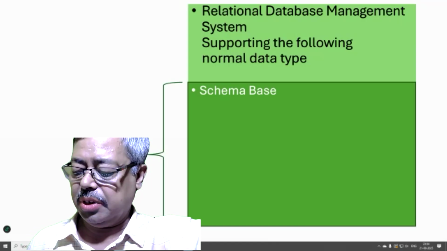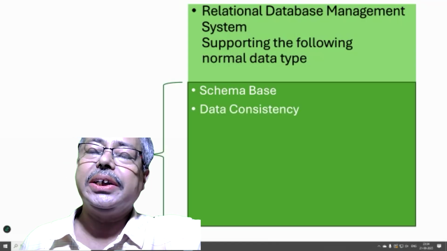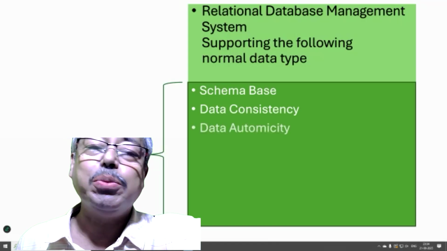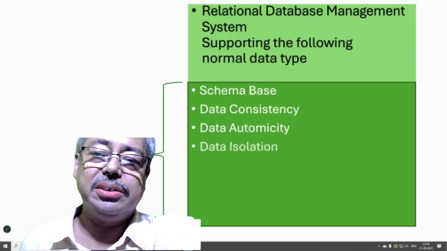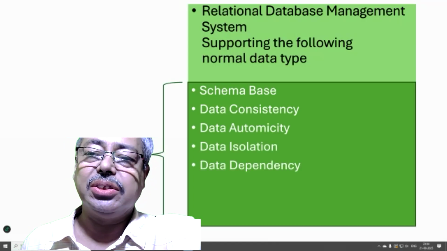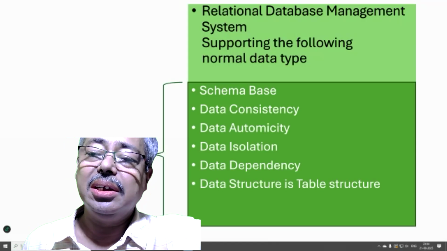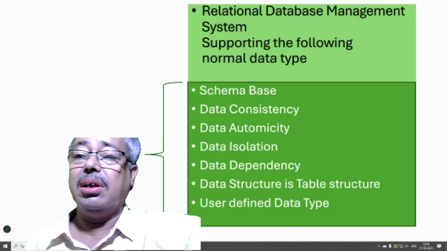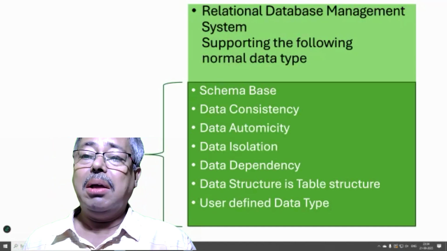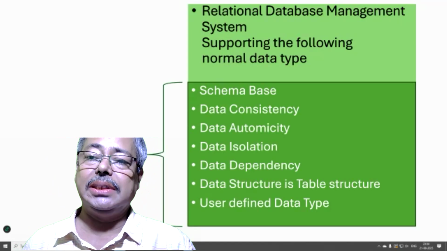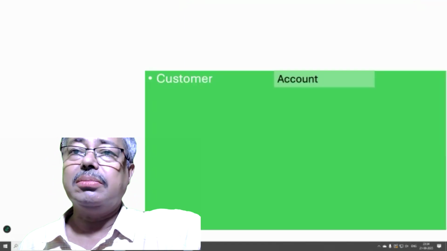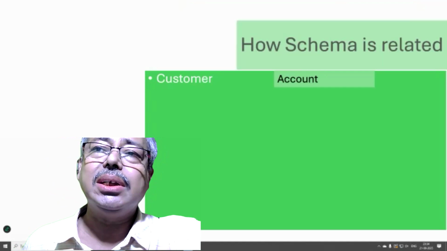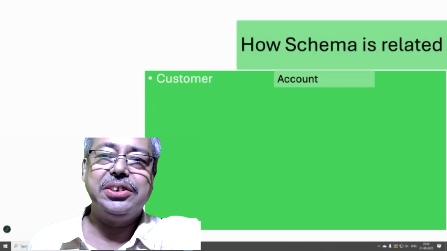Data consistency is required, along with data atomicity, data isolation, data dependency, and a stable data structure, and user-defined data types. We'll discuss how many user-defined data types there are later. First, let's see the schema. What is a schema? How is it realized?